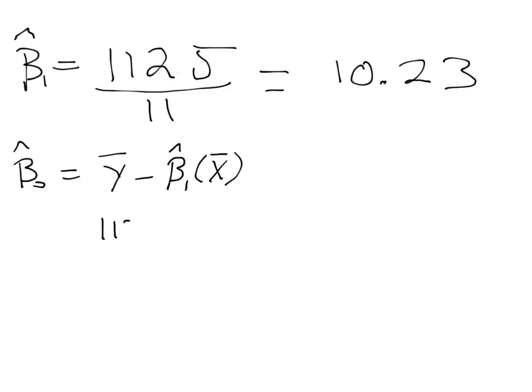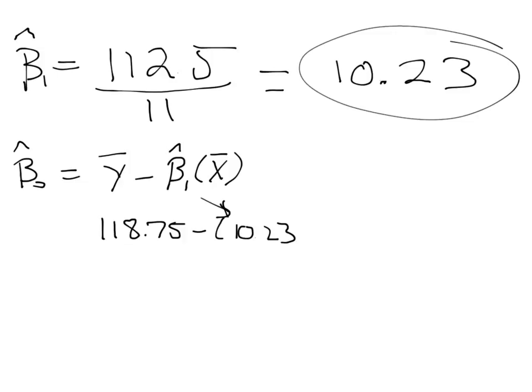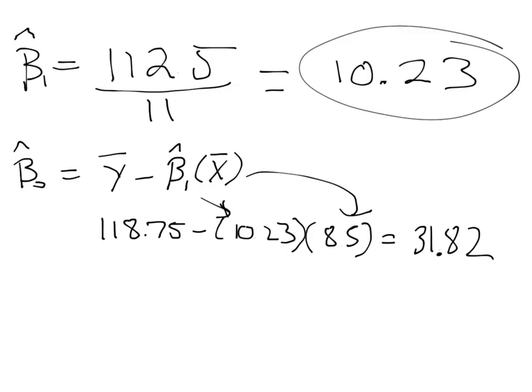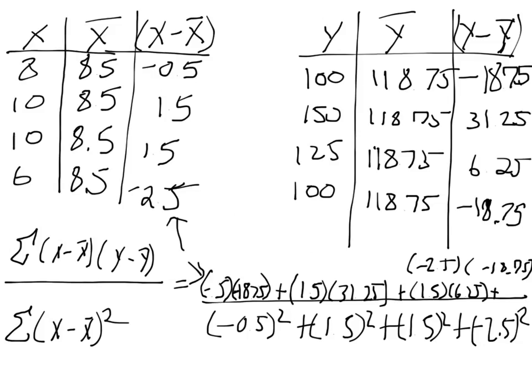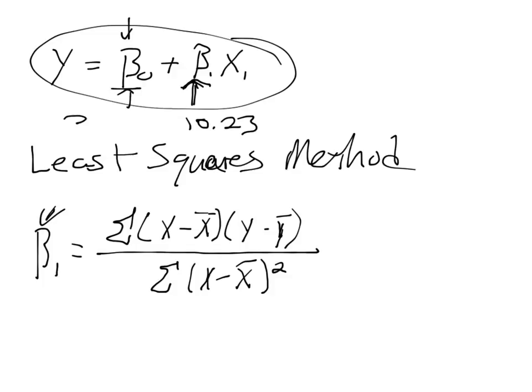So this is 118.75 minus our 10.23 that we got for beta 1, which comes from here, multiplied by 8.5 from before. This is 31.82. So if we go back to the projection of our line, we're saying this is 31.82.